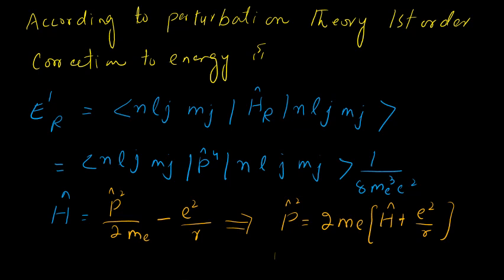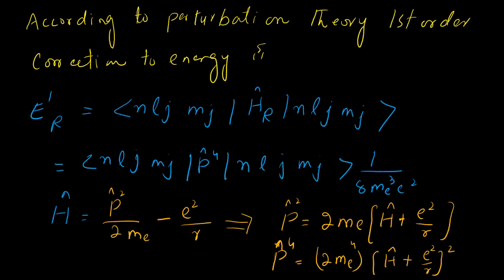So I have to calculate P⁴. By squaring it, I can write P⁴ is equal to 4Mₑ² into (H plus e² over r) squared. So now I will use this value of P⁴.